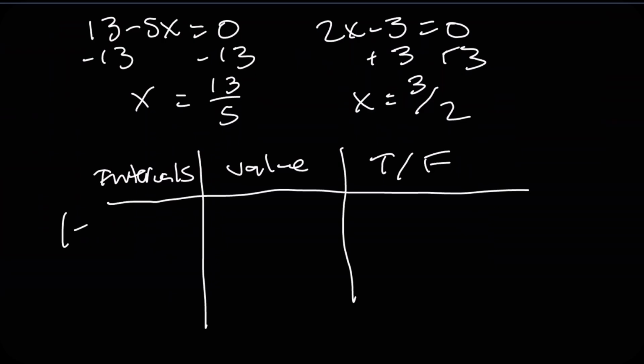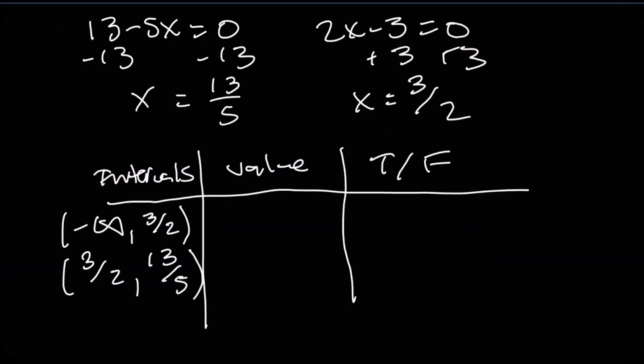So our first interval, we have negative infinity to 3/2, and then we have 3/2 to 13/5, and then the last one, 13/5, all the way to positive infinity. And for some values, we will pick 0, 2, and 3.